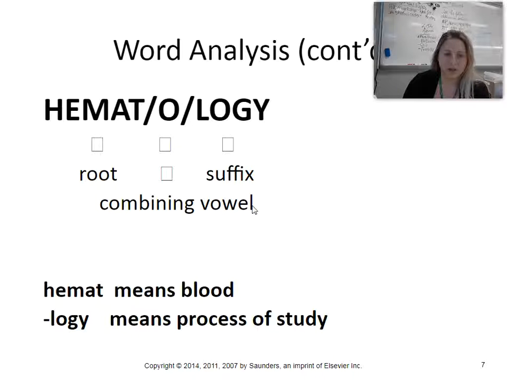The combining vowel is the O, because it's a vowel, and it bridges the gap in our words so that when we speak, they're easier to pronounce and say. Because if we didn't have that here, it would be hematlogy, which is much more difficult to say and understand than hematology.